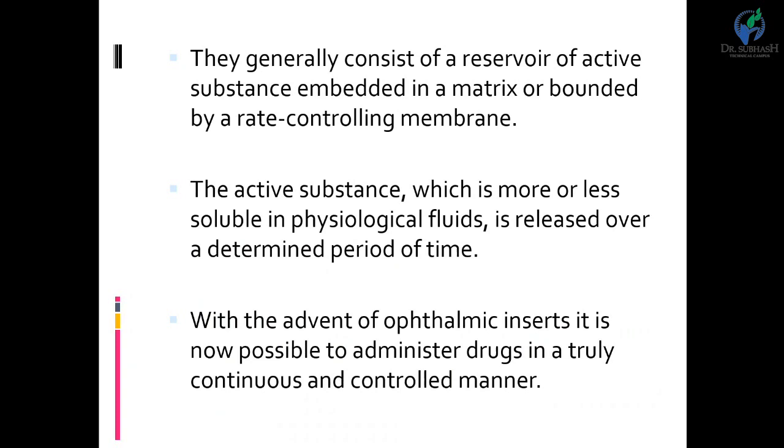They generally consist of a reservoir of active substance that is embedded in a matrix or surrounded or encapsulated by a rate controlling membrane, which is more or less soluble in the physiological fluid and is released over a predetermined period of time. With the advent of the ophthalmic insert, it is now possible to administer the drug in a truly continuous and controlled manner.